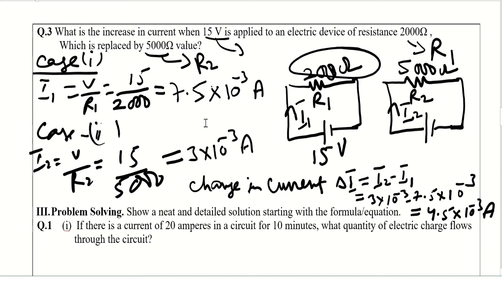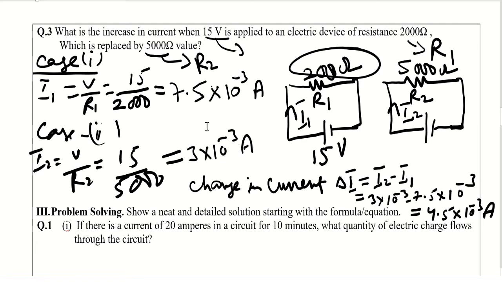In case 2, this 2000 ohm resistance is replaced by the higher value of 5000 ohm, and the current I2 is V over R2. The V is the same, the same power supply, and the current is coming 3 into 10 to the power minus 3 ampere. After getting the two answers, the current is not increasing, it is basically decreasing.